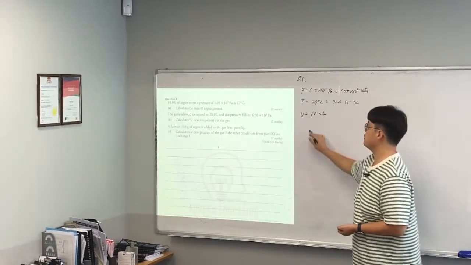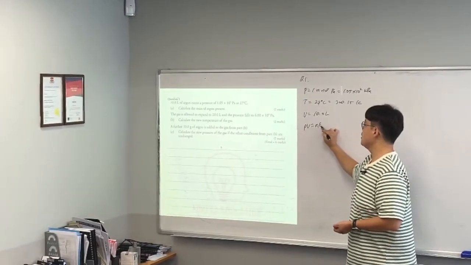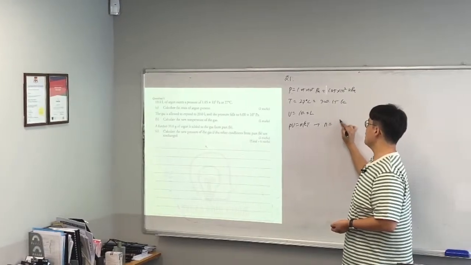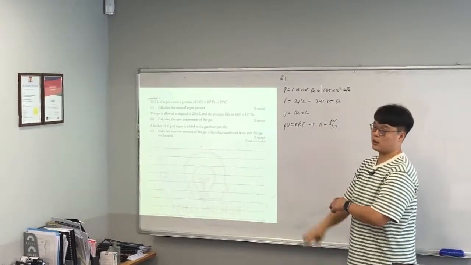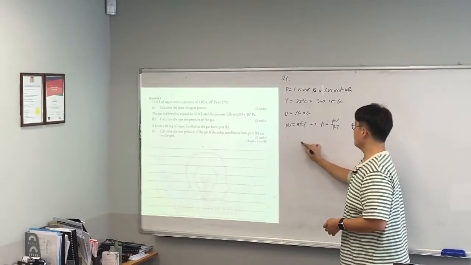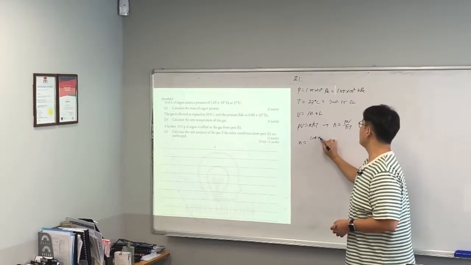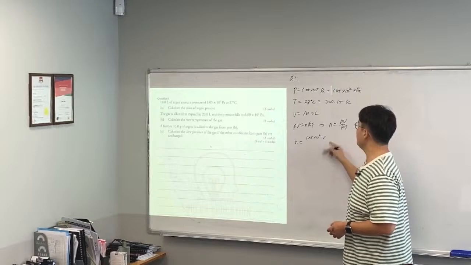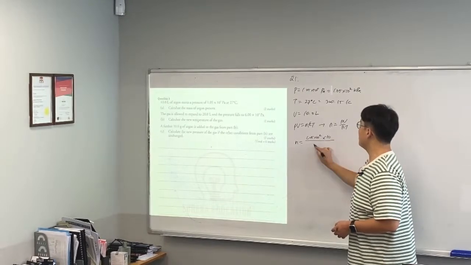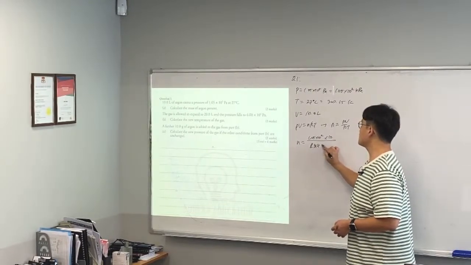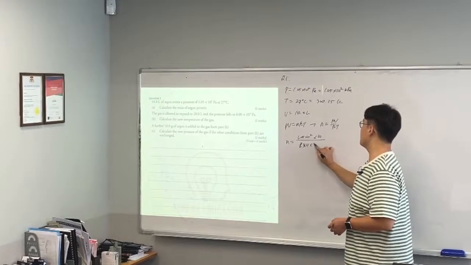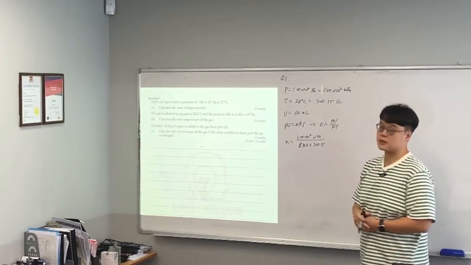So bring out PV equals nRT, or we can just go n equals PV over RT. Substituting all the values, n is then equal to 1.05 times 10 to the power 2 times the volume, 10, divided by our 8.314 gas constant times T as 300.15.